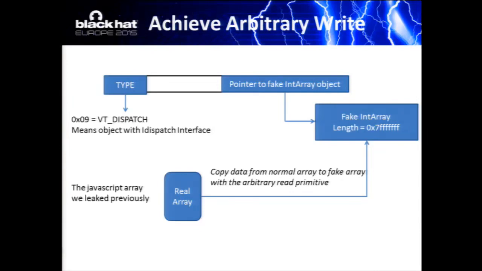After this copy, our fake JavaScript int array object will have the same content as the real object, except that we set the length of this fake array object to a very large size. You can see here, the length field is very large. So, using this large size array, we can write and read arbitrary memory.